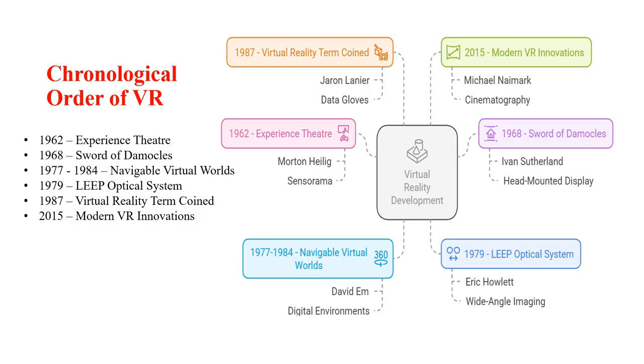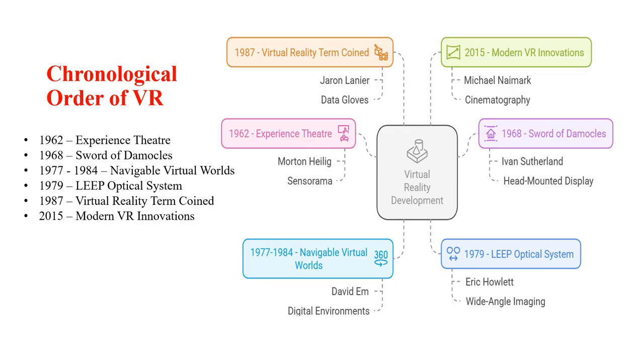Next is the chronological order of virtual reality development. First, in 1962, Morton Heilig, a filmmaker, developed the Sensorama, an early multisensory system that provided an immersive experience using 3D visuals, sounds and even smells.